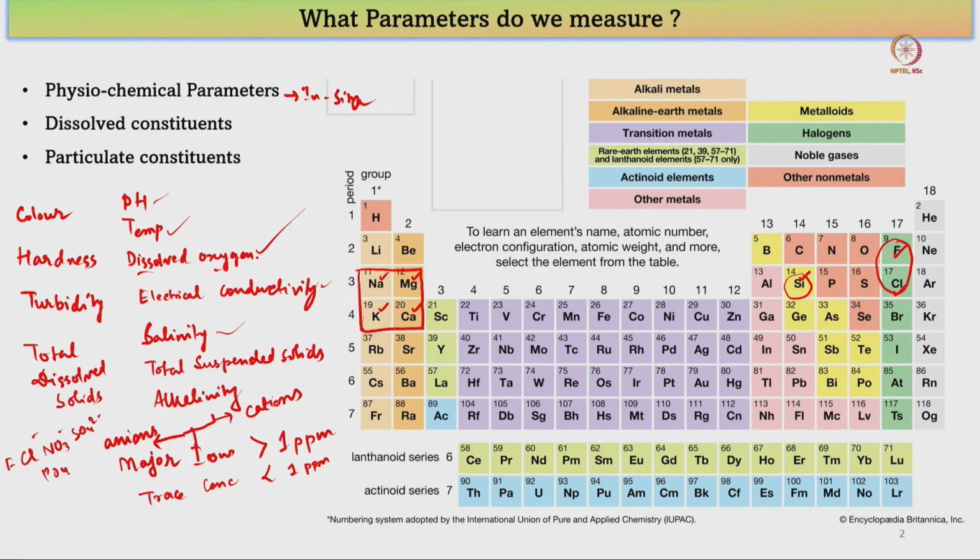So, these are there in the water, and whenever we are going to measure the anions, we are going to measure at least these 5 if not more. Okay. We can go for bromides, we can go for nitrites, ammonium and all that. But these will be our major anions. Okay.